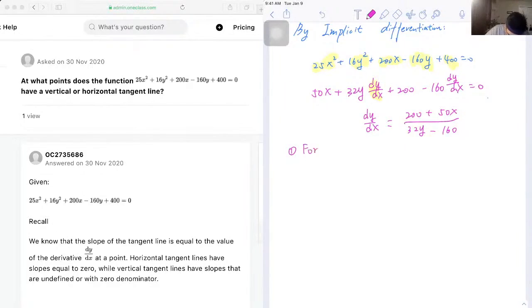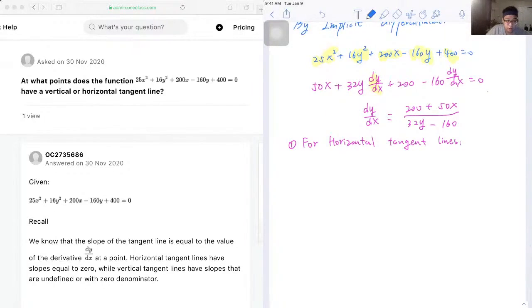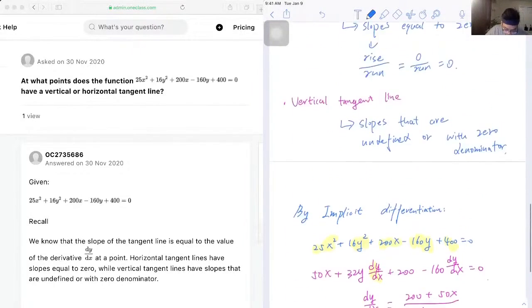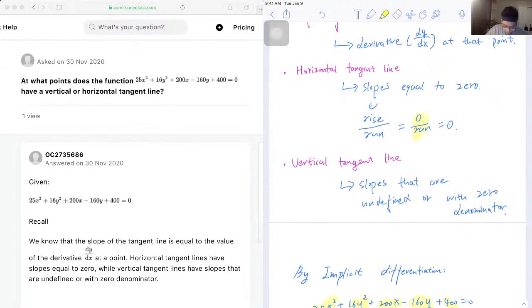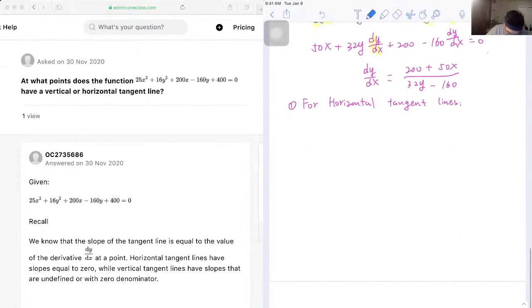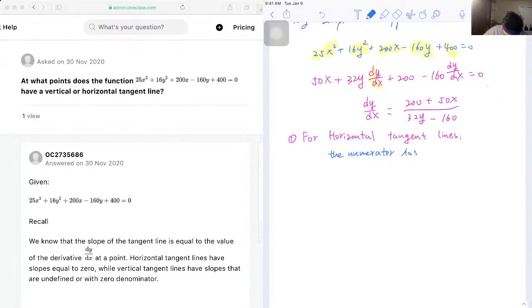So for a horizontal tangent line, the numerator must be equal to 0, as we talked about earlier. So the numerator has to be equal to 0.